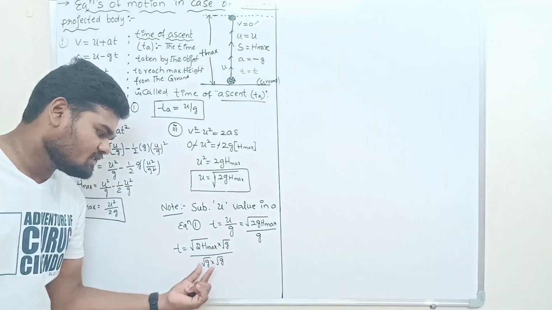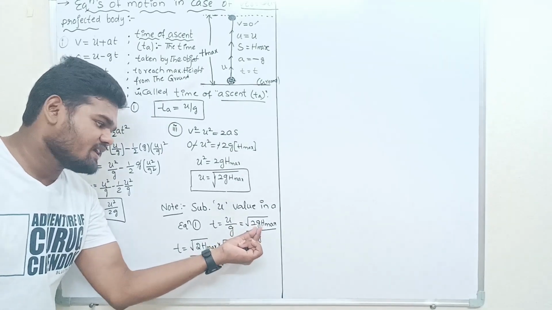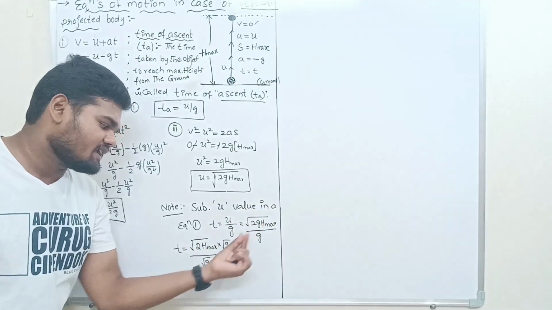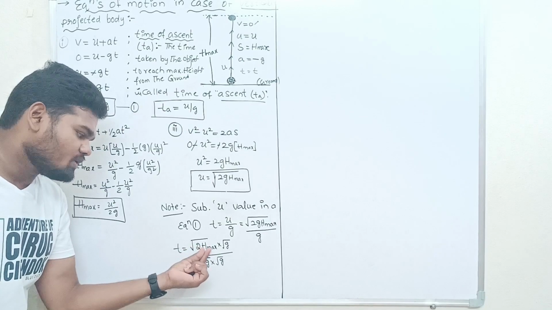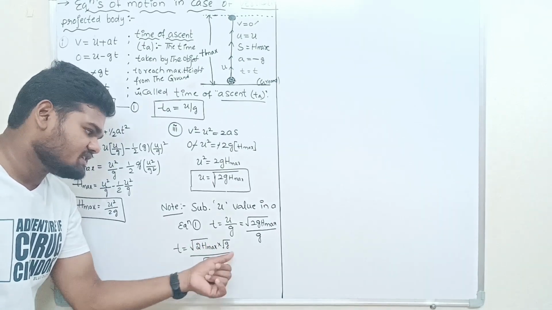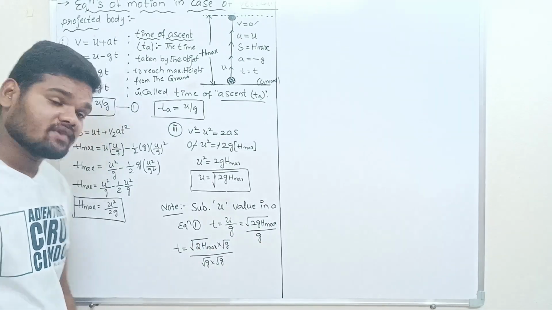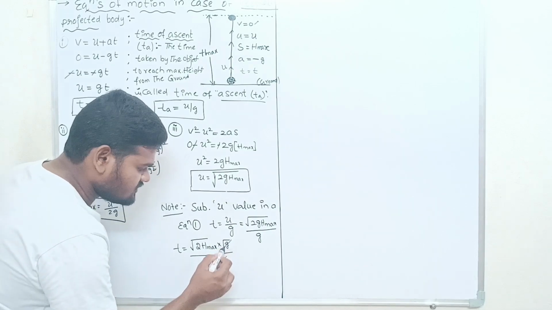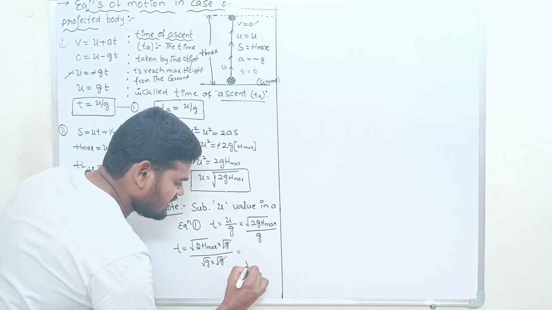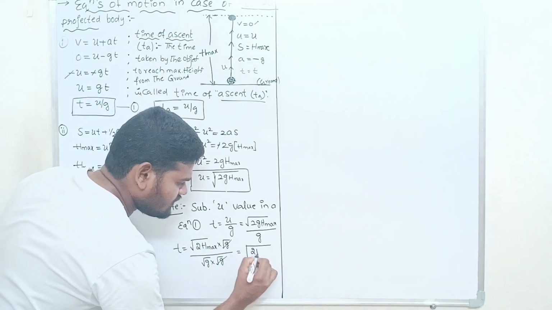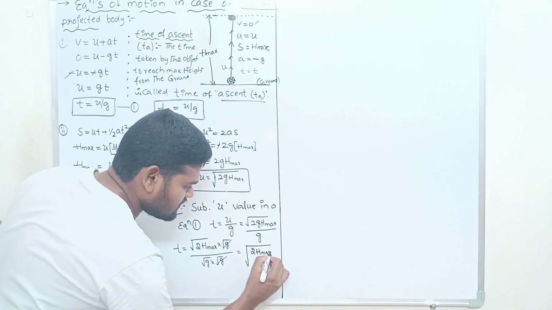Just bring this root g outside, so root 2 into h maximum into root g is equal to root 2g h maximum. Are you getting? So root g gets cancelled out.